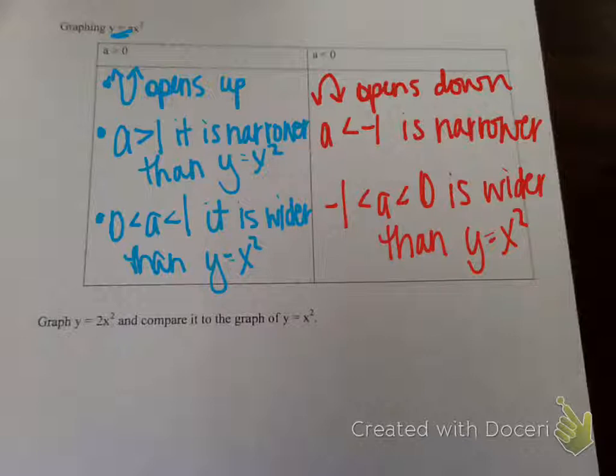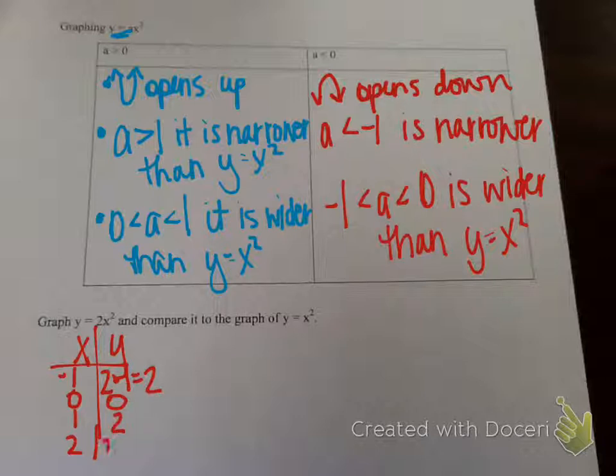Alright, so we're going to try one. Graph y equals 2x squared and compare it to the graph of y equals x squared. So to graph it, we're going to choose some x and y values. I would pick -1, 0, 1, 2. 2 times -1 squared is -1 times -1, which is 1, so that would be 2. 2 times 0 squared would be 0. 2 times 1 squared would be 2. 2 times 2 squared, so that would be 4 times 2 is 8.